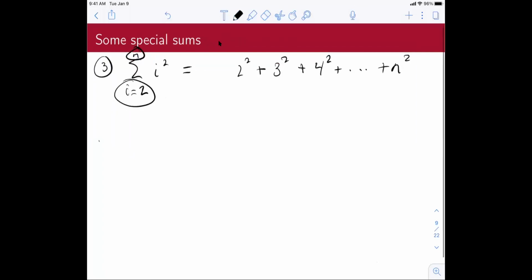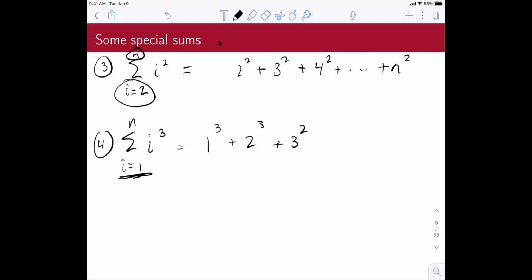Okay, and then number 4. So number 4, i equals 1 to n of i cubed. Well, again, this is 1 cubed. I'm starting at i equals 1, and I increase i by 1 every time, cubed. Okay.